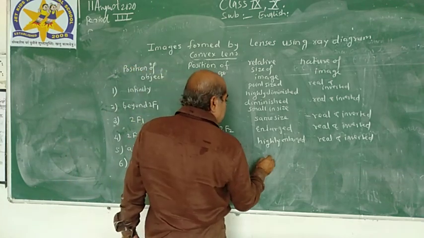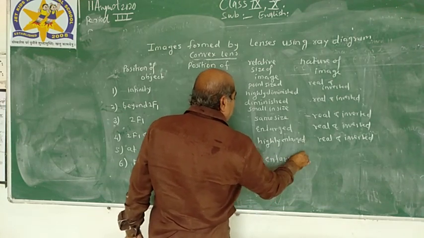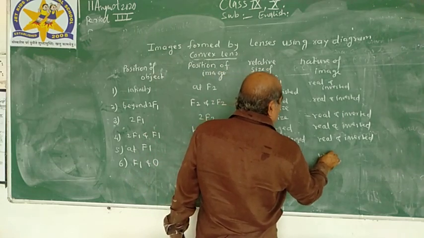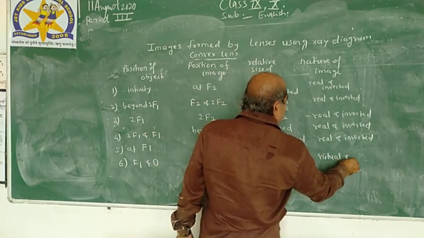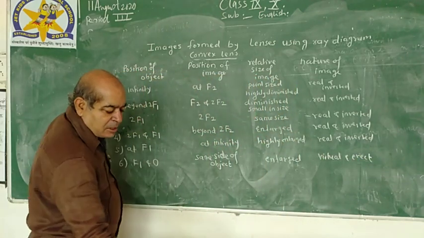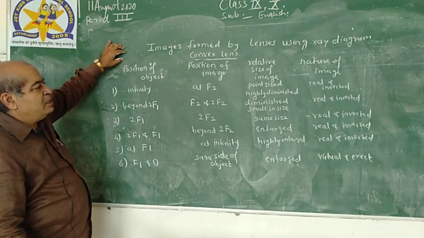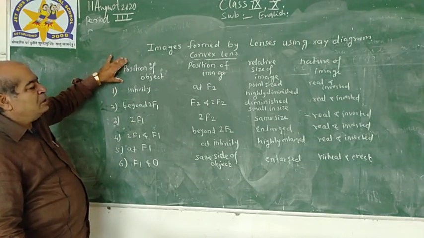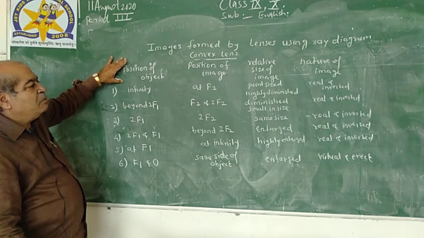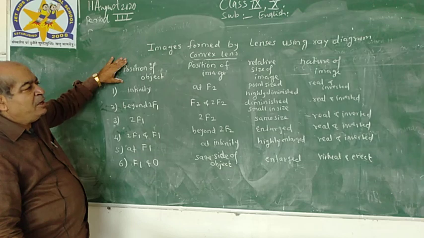The image is enlarged, and the image formed is virtual and erect in this case. So these are the images formed by the convex lens: different positions of object, different positions of image, relative size of image and the nature of the image.